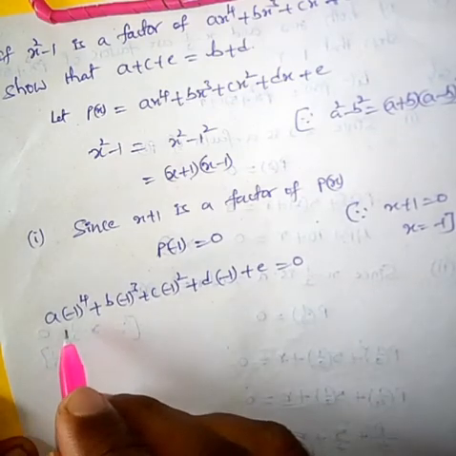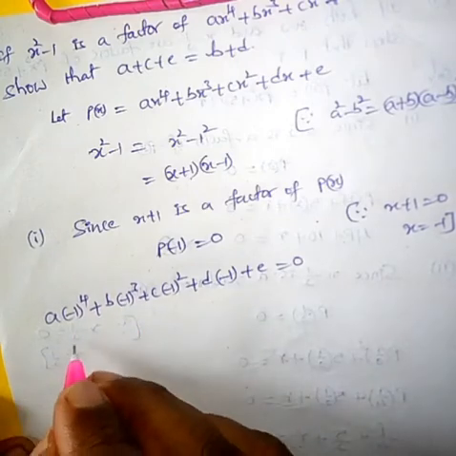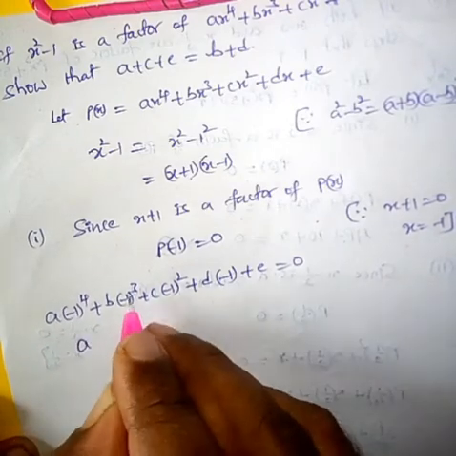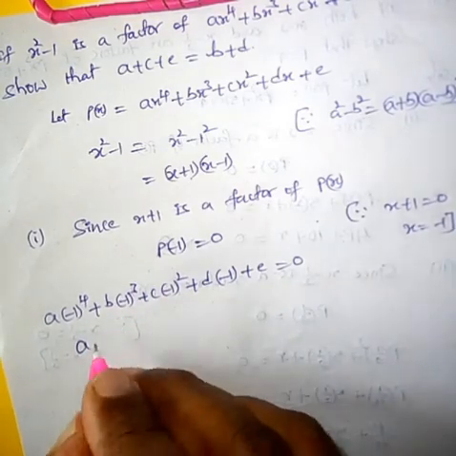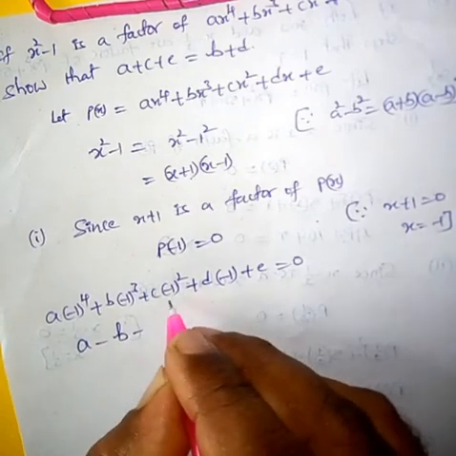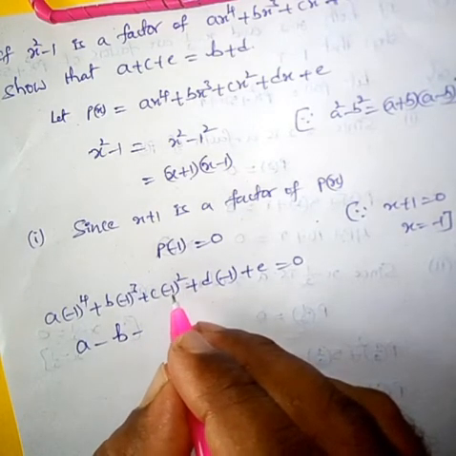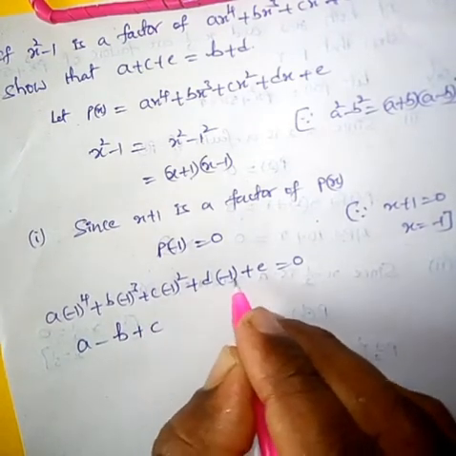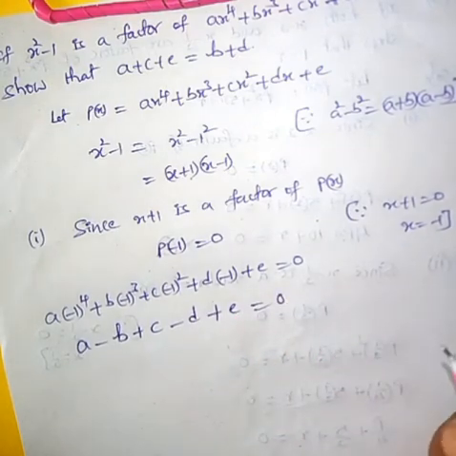Simplify this. a into (minus 1) power 4 is nothing but a into 1, that is a. Minus 1 cube gives minus 1, so minus b. Minus 1 square gives positive 1, so plus c. Plus d into minus 1 is minus d, plus e is equal to 0.